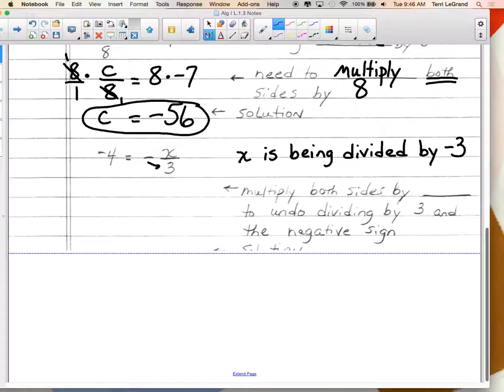Multiply both sides by what? By negative 3. By that negative 3 that x is now being divided by. So we're going to take negative 3 times the left side, and negative 3 times the right side, and remember we gave that negative sign to the 3.